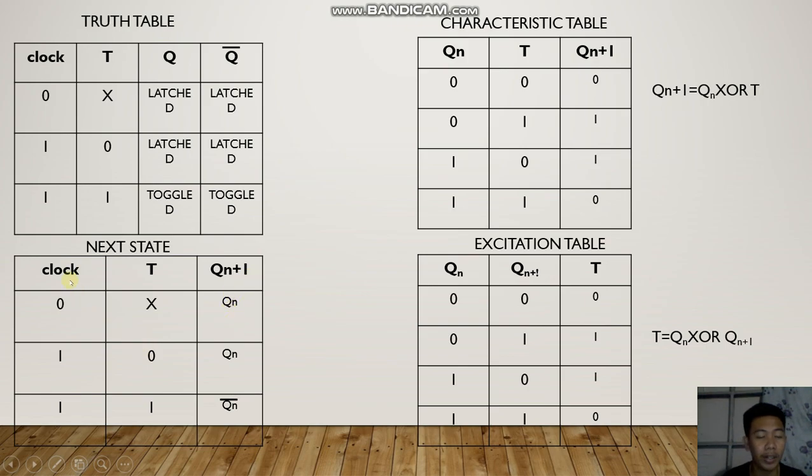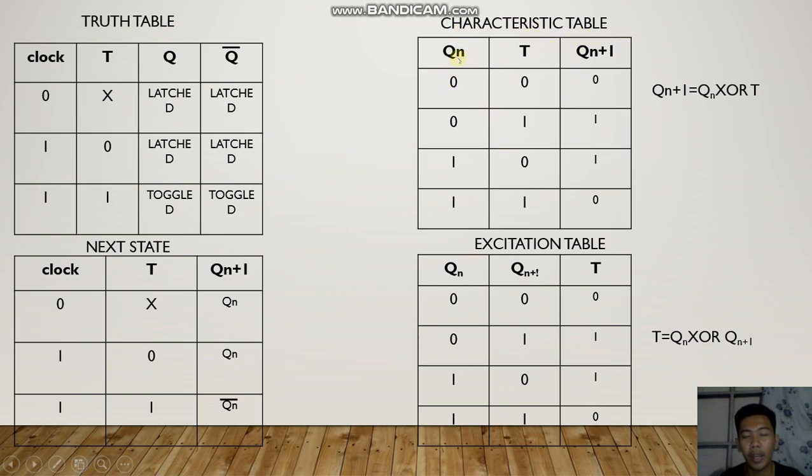If our clock is 1 and our T is 0, our Qn plus 1 is equal to Qn. And if our clock is 1 and our toggle or T is equal to 1, our Qn plus 1 is equal to Qn prime or Qn bar.